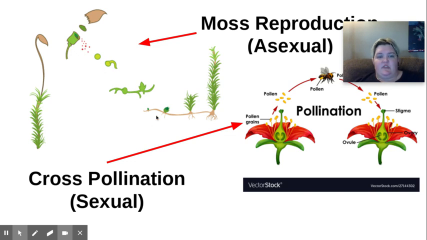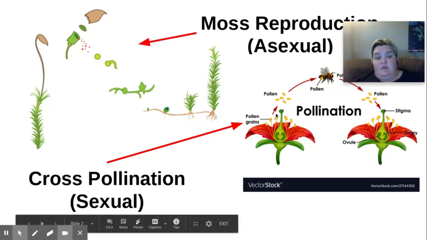And that's going to then grow in the soil and produce an exact replica of the parent fern or moss, whichever the case may be. Okay. Remember, asexual is that the child or the offspring is going to be genetically identical to the parent.